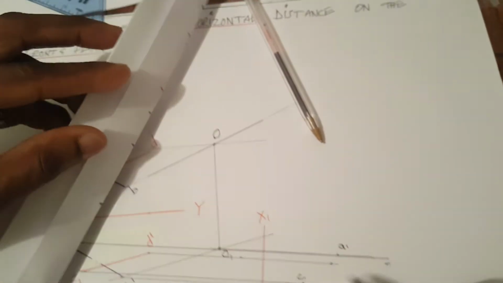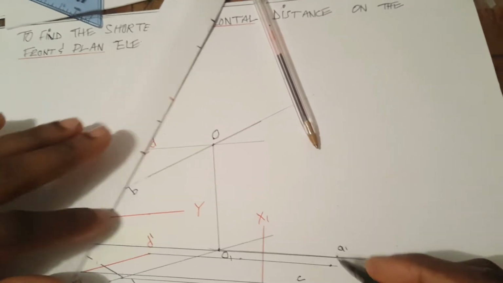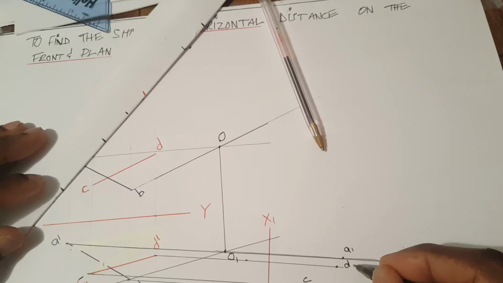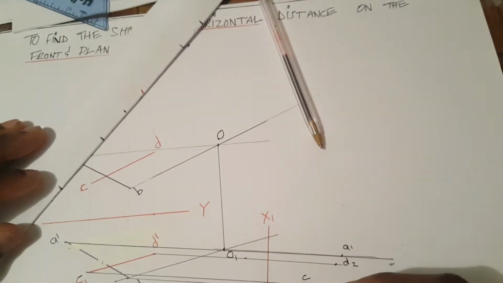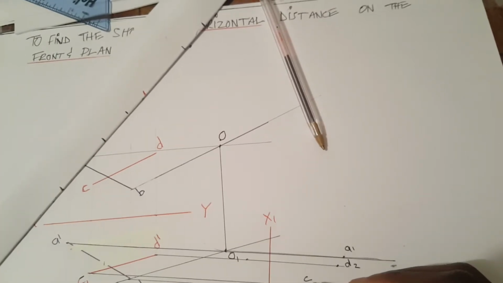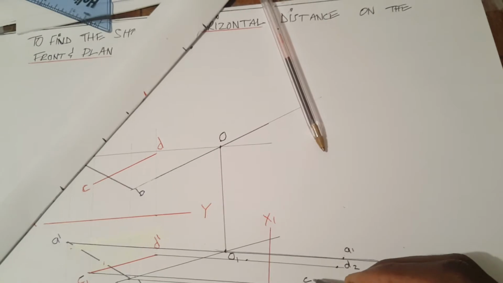I then join A to B, then join A to, so this is D, this is D2, C2, this is B2, C2.